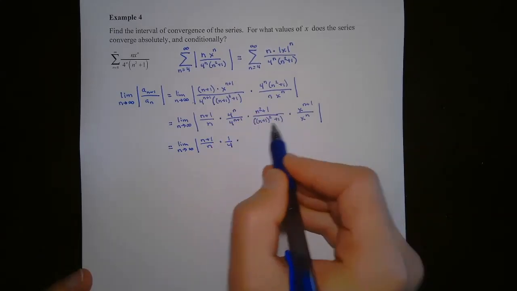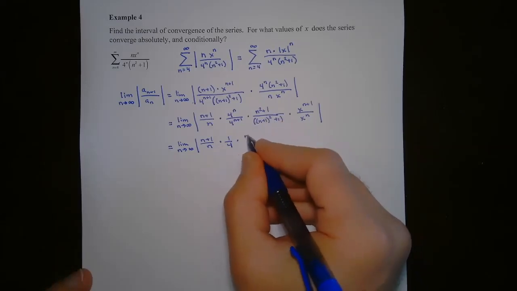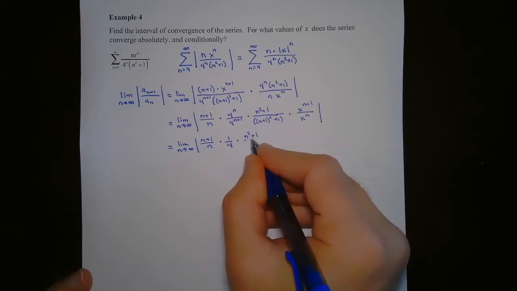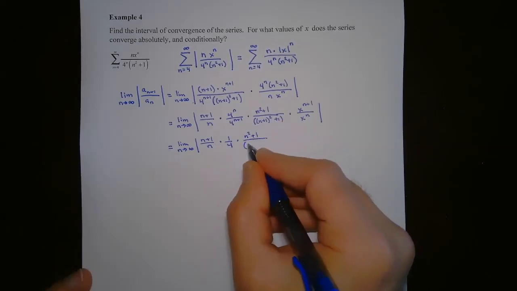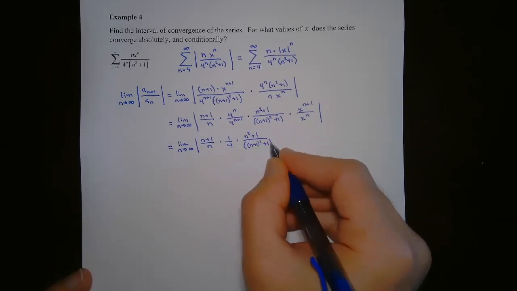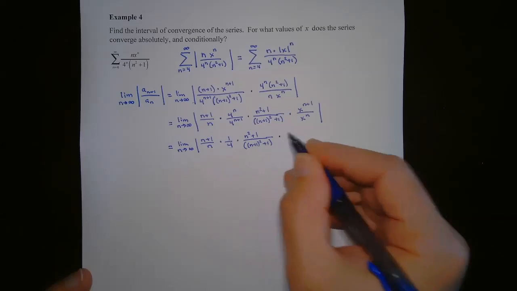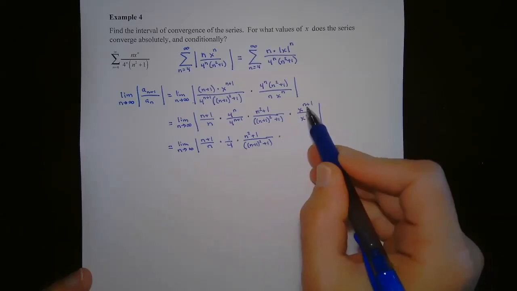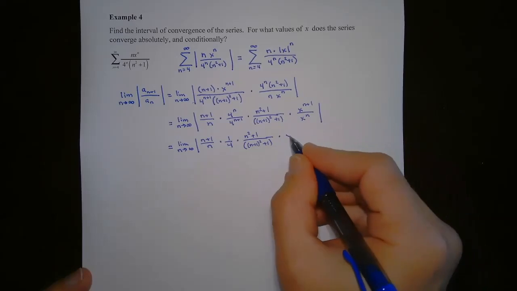This one I'm just going to leave like this, n squared plus 1 over n plus 1 squared plus 1. And then times, this becomes x to the n plus 1 minus n, right? So it's just going to be x to the first, or just x.